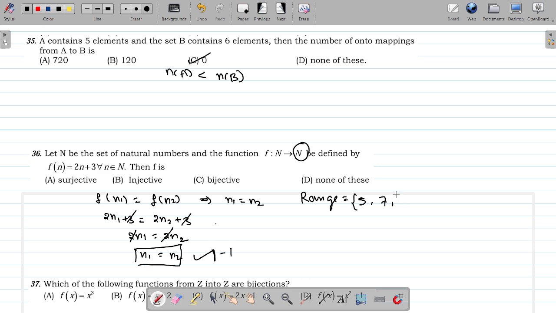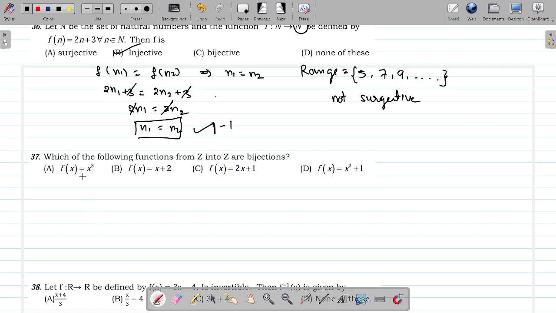When you put n equal to 3, it is 6 plus 3, it is 9. So we are getting only odd numbers, right? Odd numbers in the range. Meaning the remaining even numbers and the odd numbers which are less than 5, they are all not having a pre-image, right? So it is not surjective, right? So it is only the injective function.